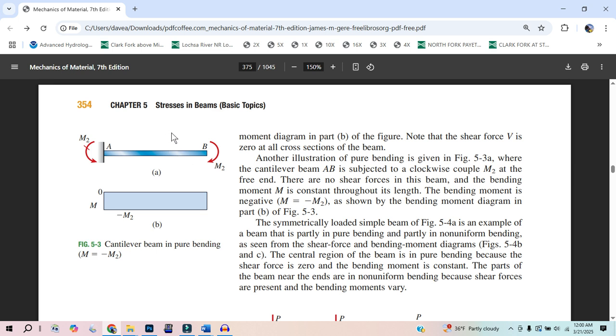If we take our little slice, you're still using just the normal convention: this moment over here, using the right hand rule, has my thumb into the screen, and that's a clockwise direction. That's going to be associated with a negative moment.